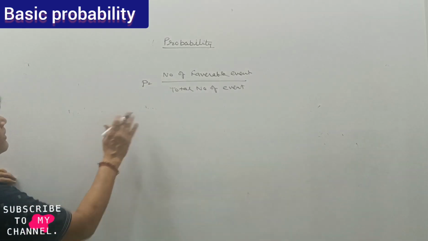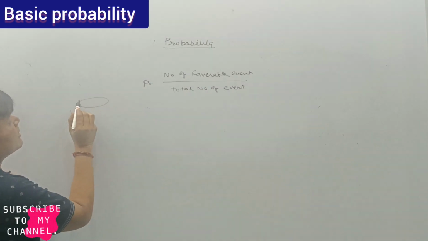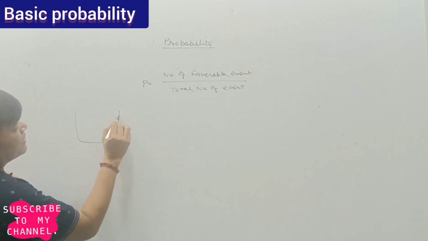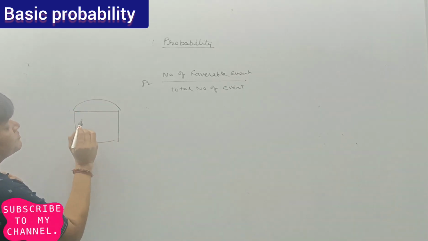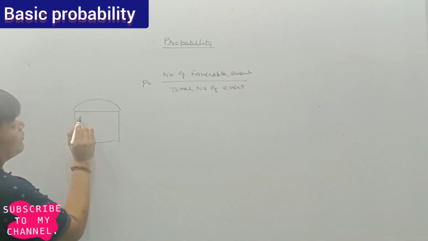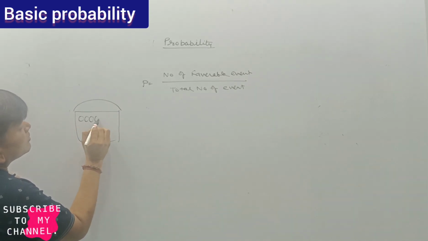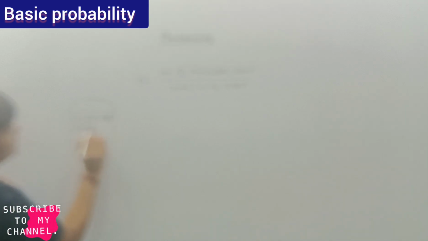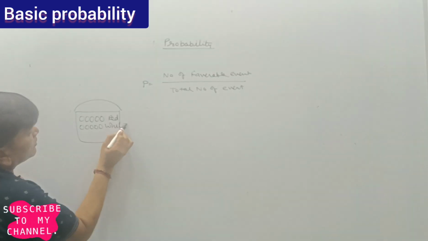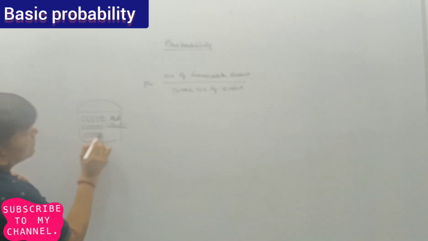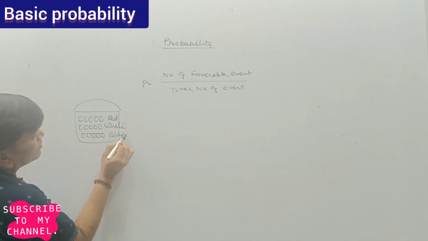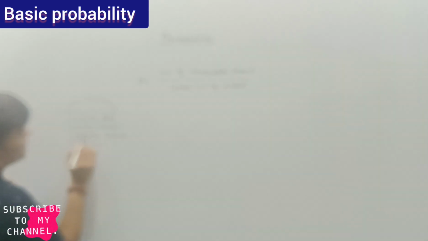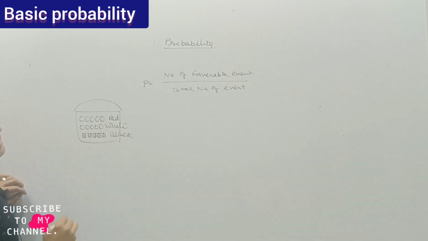In a bag, there are 5 red balls, 5 white balls, and 5 black balls. Total 15 balls in the bag.